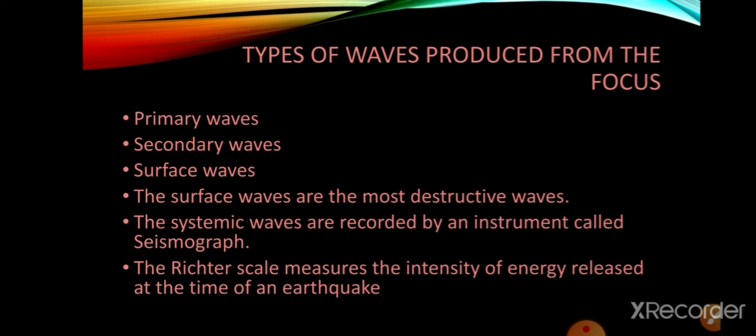And the surface waves are the most destructive waves because they will reach the epicenter. It will strike the epicenter, and whatever is on the surface of the earth, it will demolish everything. All the buildings will collapse due to these surface waves, and because of this they are called destructive waves.